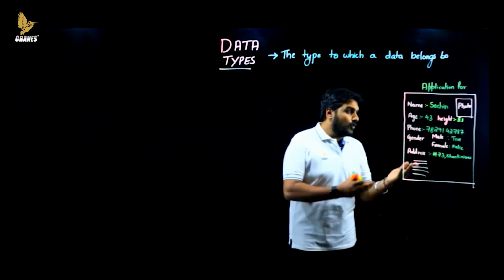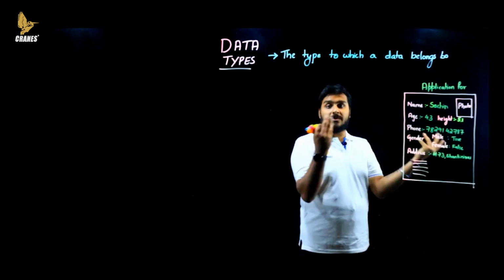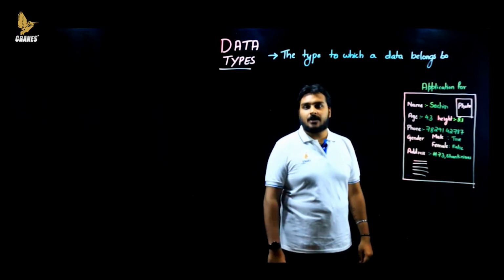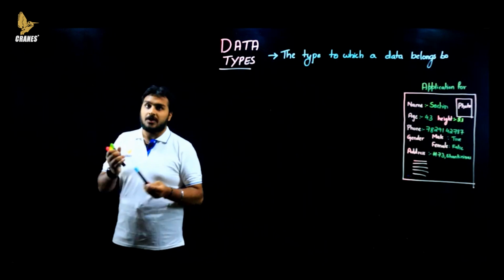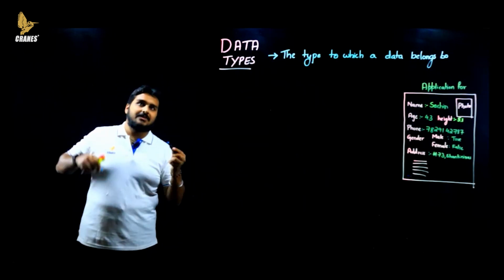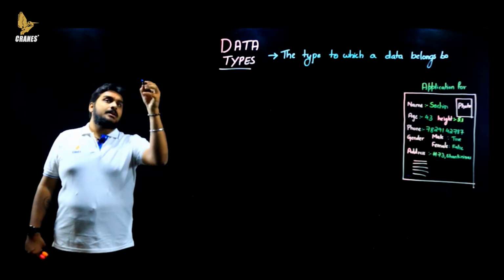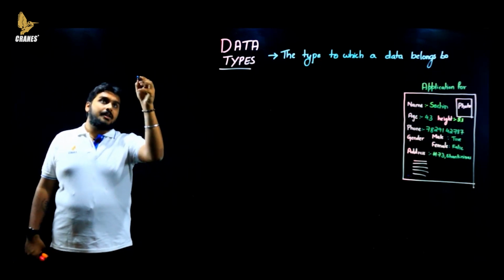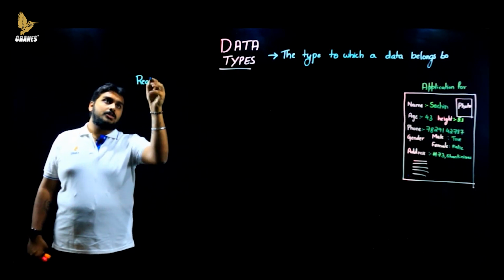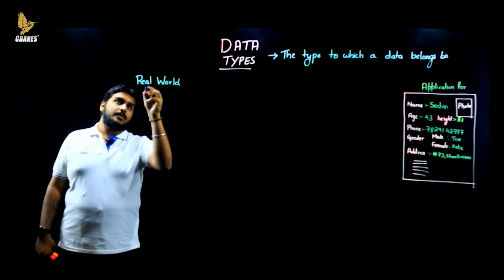Now, if you look at this application form, in this application form itself, I have so many different types of data. What are the different types of data that I can see here? In your real world, what all are the different types of data do we get?